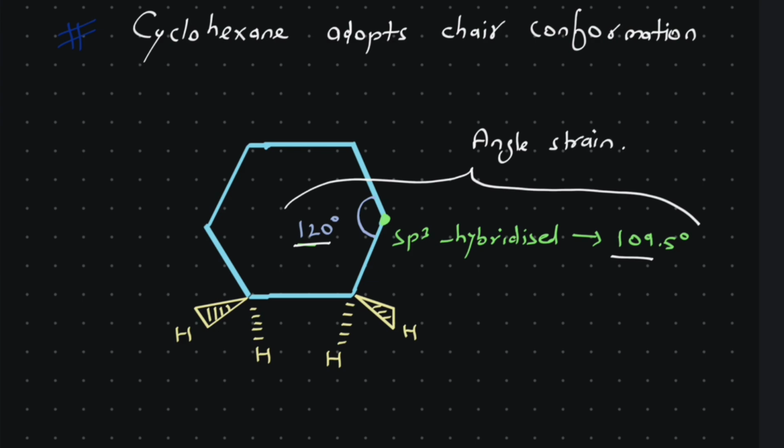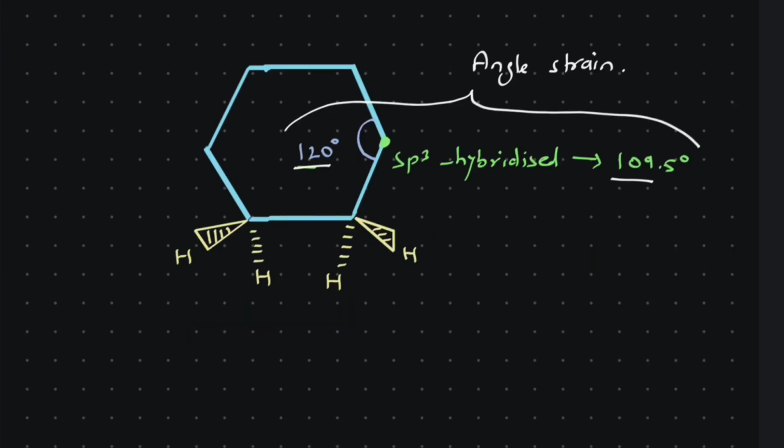That's the one reason for instability. The second reason is torsional strain. And how does it arise?